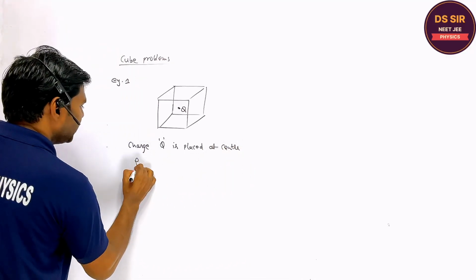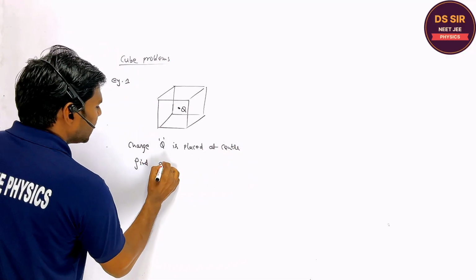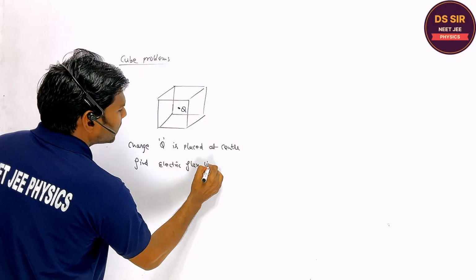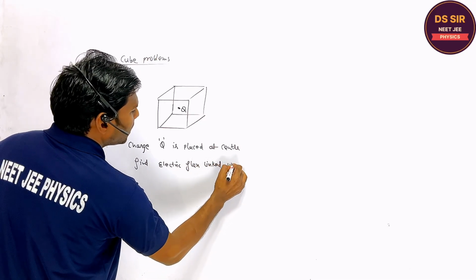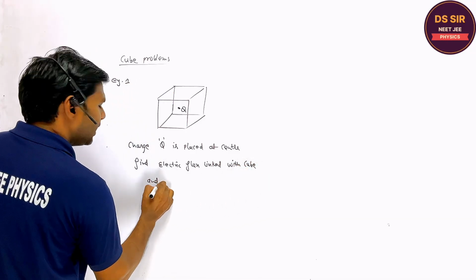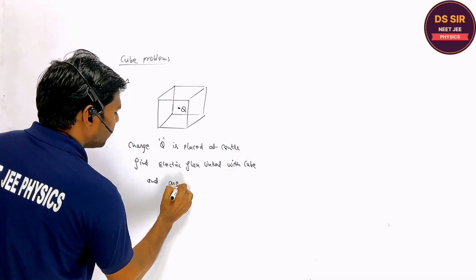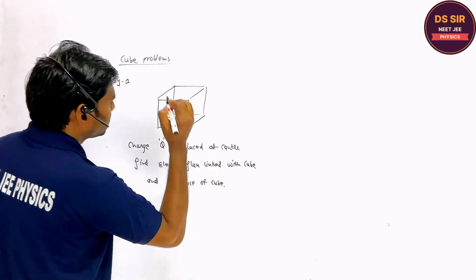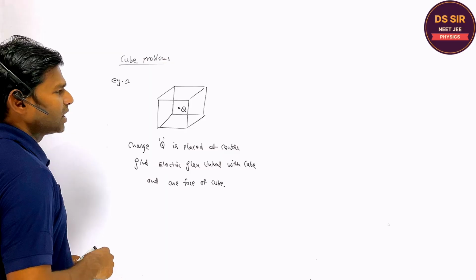You have to find the electric flux linked with the cube and one face of the cube. This is the question. Is it clear or not?